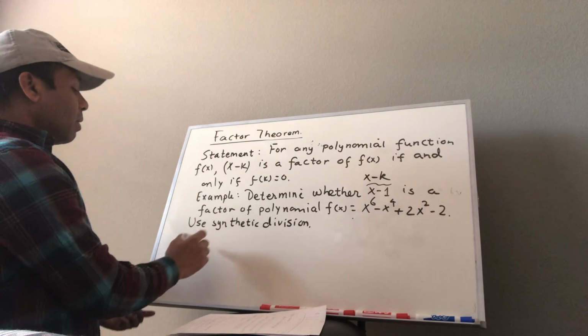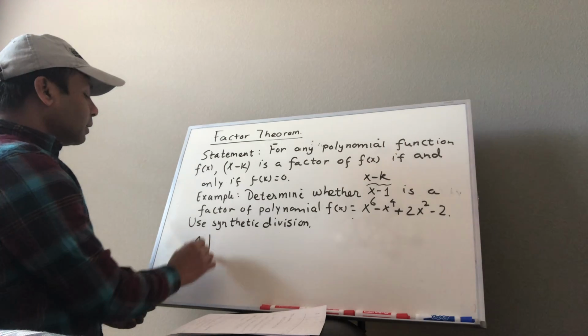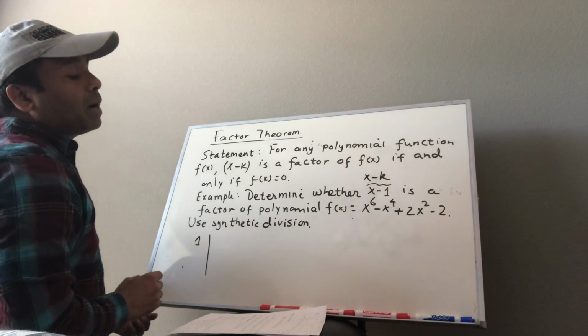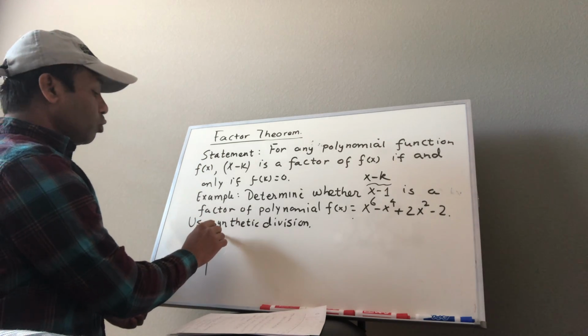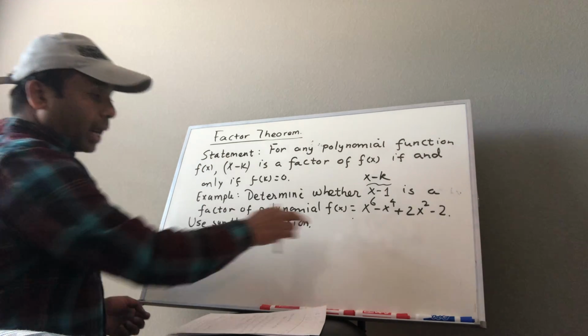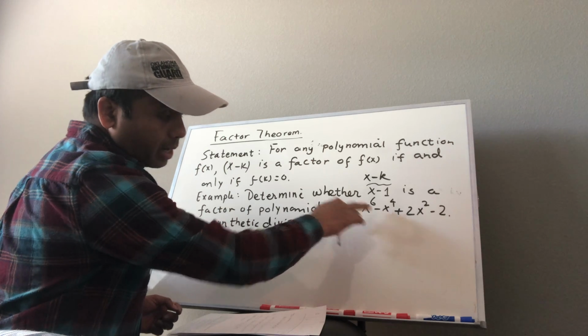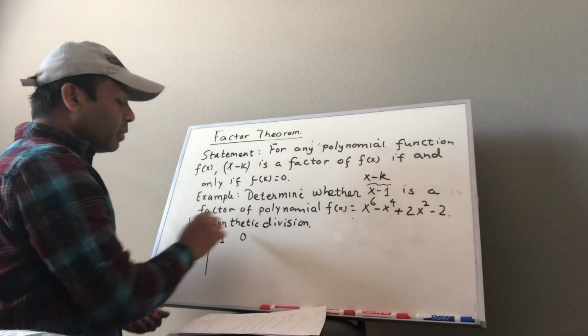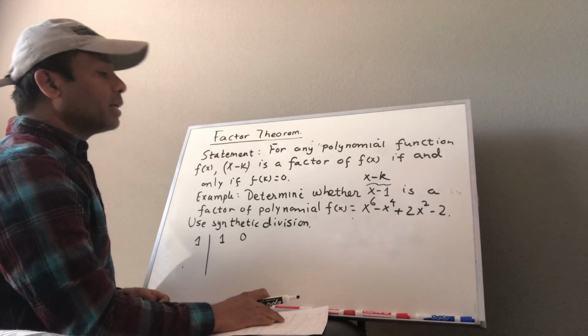So we can use synthetic division. You write down the value of k, which is 1. You draw a line here. And the coefficient of x to the power 6 is 1. And you see here x to the power 5 is missing, so you have to write down the coefficient 0 for that.